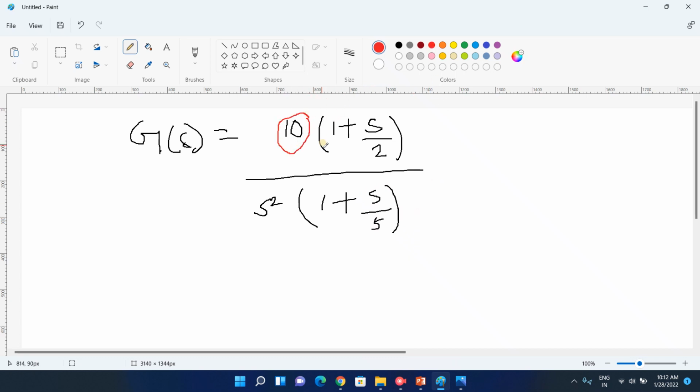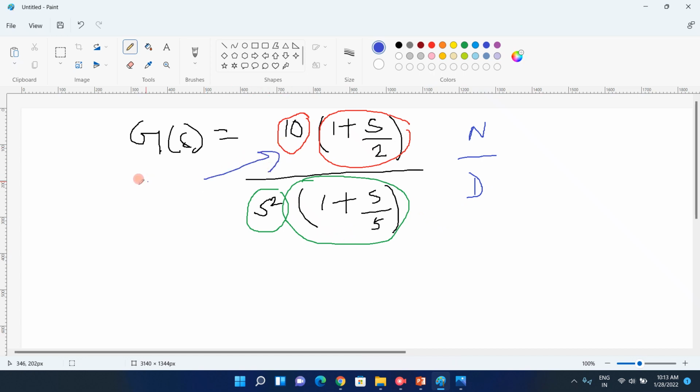Now over here we have 4 terms: number 1, number 2, number 3, number 4. If I use a different color, that will be easier. The terms circled in red are in the numerator part, and this is the denominator part.